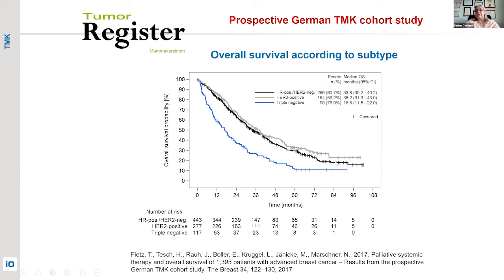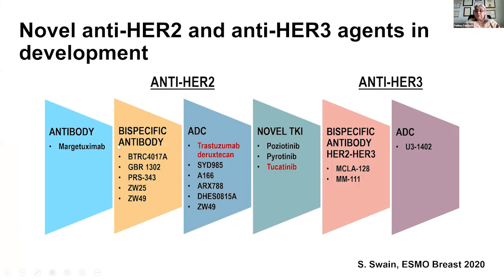So the black curve is the ER-positive disease, and the blue curve, the one that does worse, is the triple-negative breast cancer that I will speak about afterwards. There are many new drugs coming into this part, many, especially antibodies against other receptors in the cancer cell, as well as other antibody drug conjugates, so transporting other drugs.